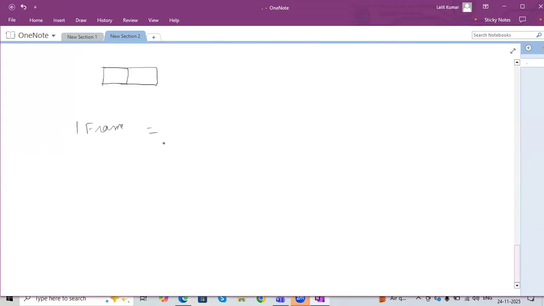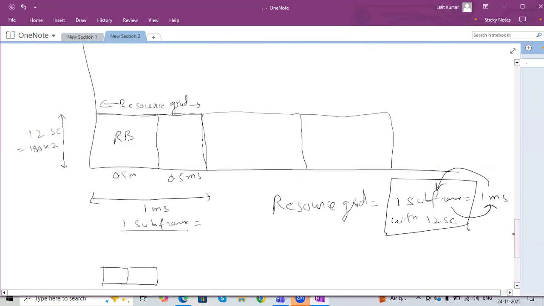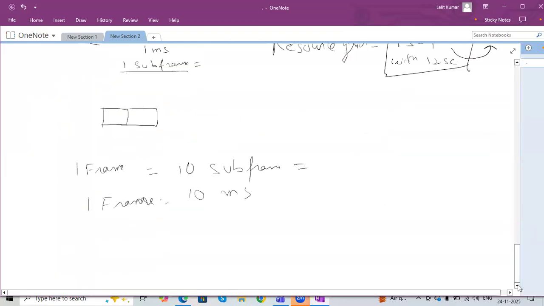One frame means 10 subframes, or 10 milliseconds. You can mention 10 milliseconds also. So one frame means either 10 subframes or 10 milliseconds. You can visualize it: when 10 subframes are stacked one after another, that will be called one frame.